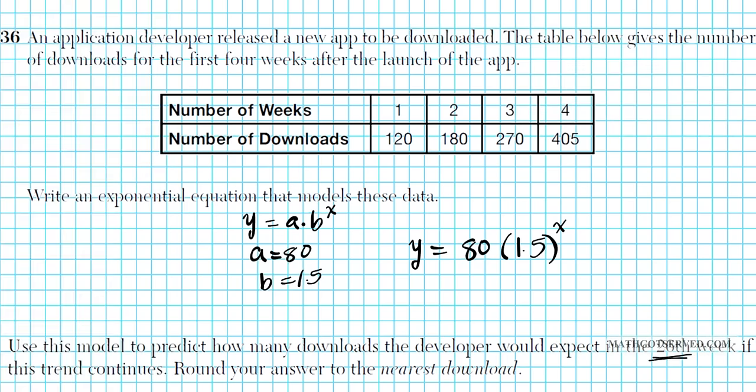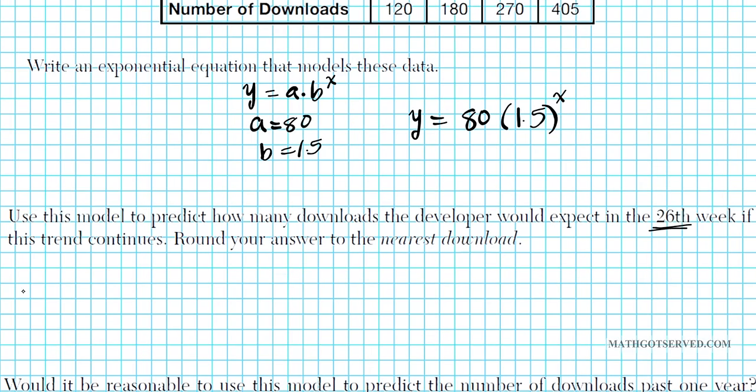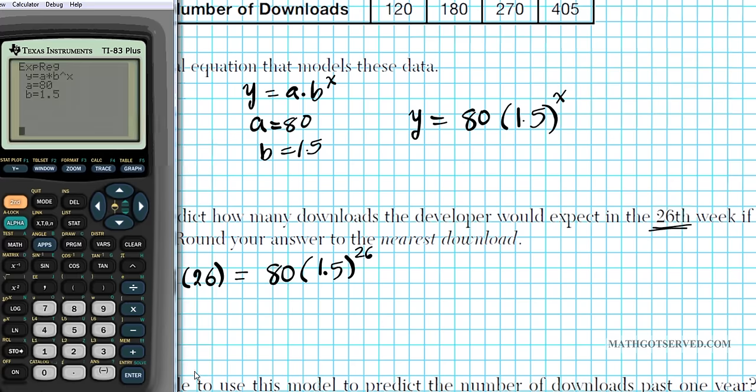Now the second part says how much would you expect in the 26th week. To do that, we're evaluating y of 26. How do you do this? You simply plug in 26 for x. So you have 80 times 1.5 raised to the 26th power. Let's have our calculator do the heavy lifting here.